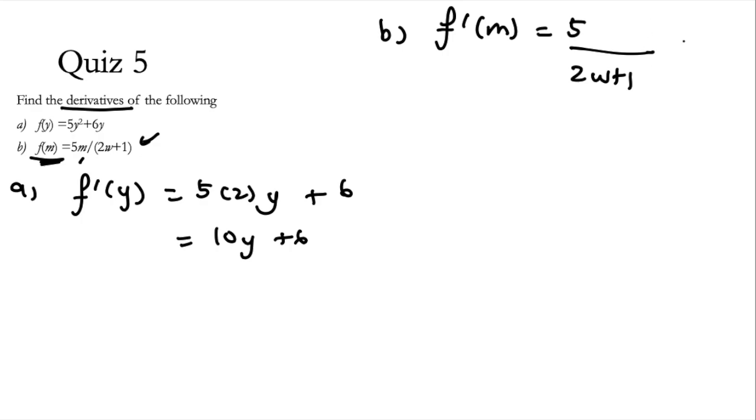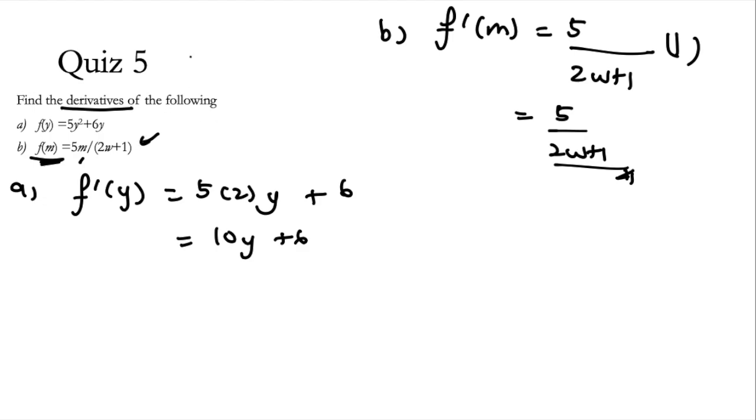So when I differentiate m, the power is 1 minus 1, isn't it? So it becomes 0, so m to the power of 0. That means it's equivalent to 1. Do you get me? So the answer is 5 over 2w plus 1. That's it. Very easy, as long as you know which one is the variable and which one is the constant.